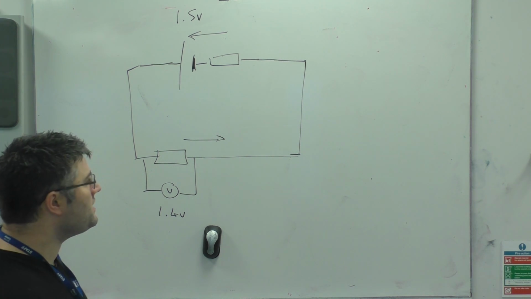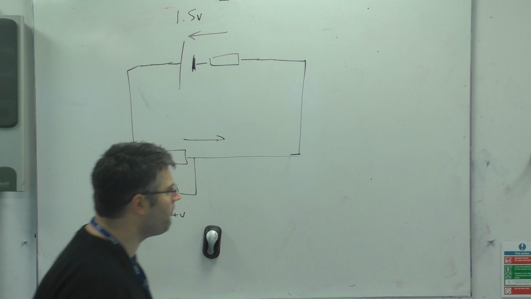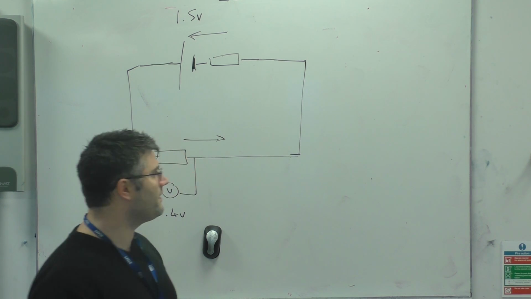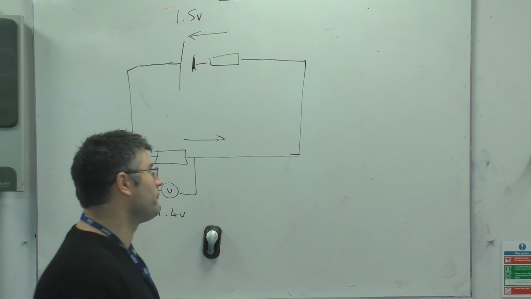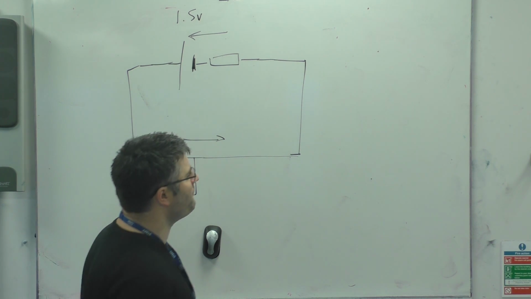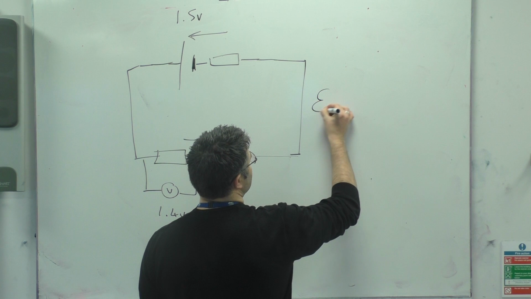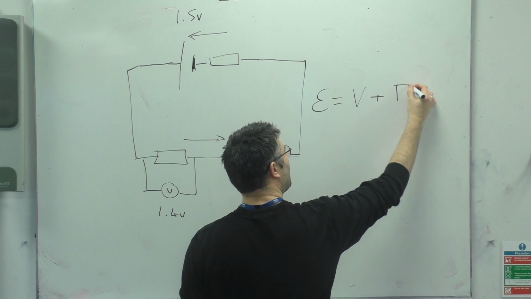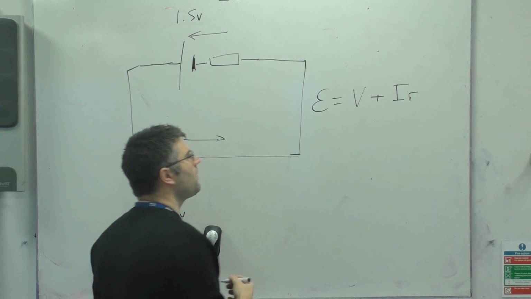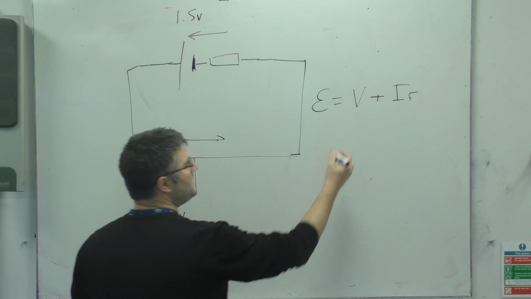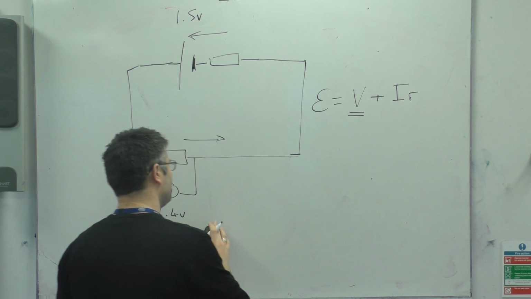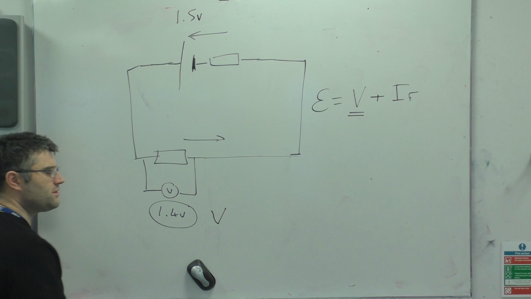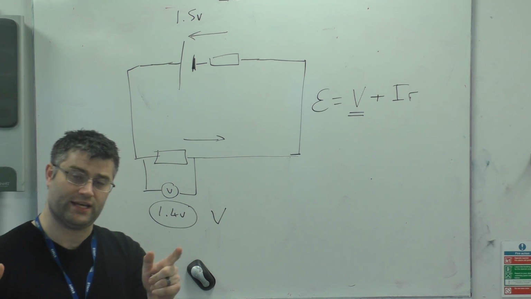So there's a lot of equations that are bandied around that you need to know about, because it expects you just to throw numbers into them and not really understand where they come from. We're going to explain where they come from here now. So the first equation that you're expected to know is this one, that the EMF is equal to V plus Ir, where this V here is this voltage that you get out across the external circuit.